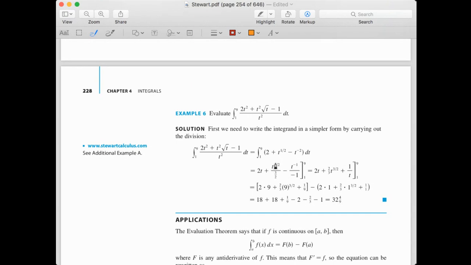So we have t raised to 3 over 2 divided by 3 over 2, which is the same as multiplying by 2 over 3. Minus t raised to negative 1: we add 1 to negative 2 and get negative 1, then divide by negative 1. Then we evaluate at the upper limit 9 and subtract the evaluation at the lower limit 1. After calculation, we get this.